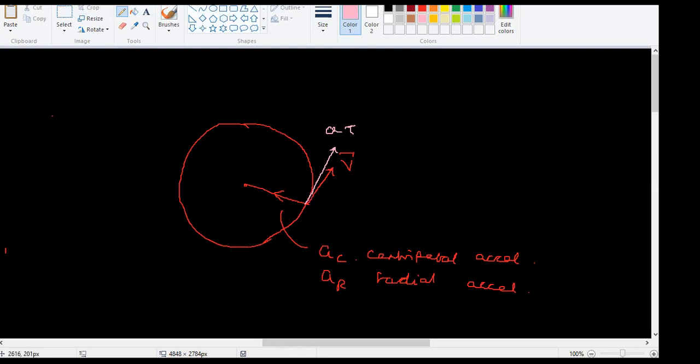It need not always be this way. It can be in the reverse also. The ball is moving this way, but suppose I say the acceleration is this way, what does that mean? If the velocity is here, and the tangential acceleration is here, and the radial acceleration is here, what is going to happen to the speed of the ball?